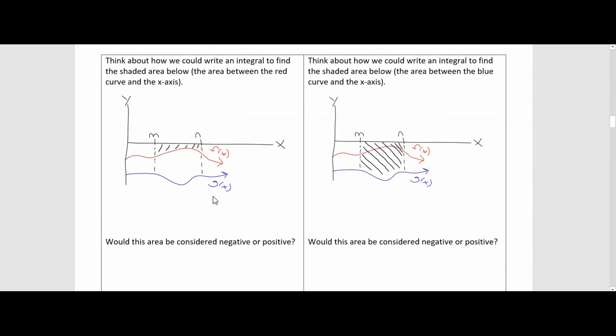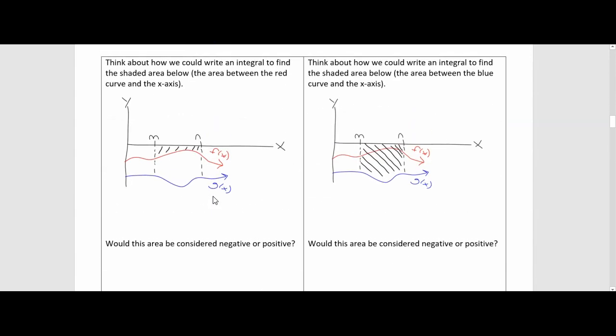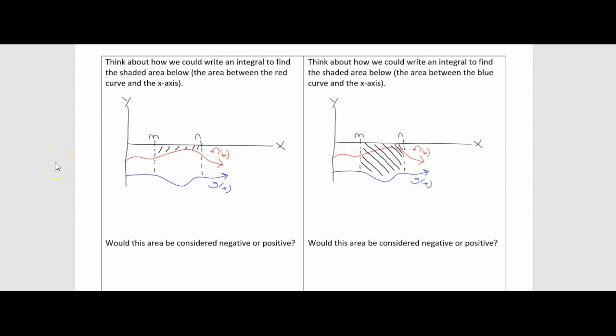Right, so we're going to first think about, okay, find the area between one function and the x-axis, the area between the other function and the x-axis, do the subtraction, and do we think we'd come up with a number that makes sense? Now, I will say that when we found the area between one function and the x-axis, we were allowed to have a negative area.